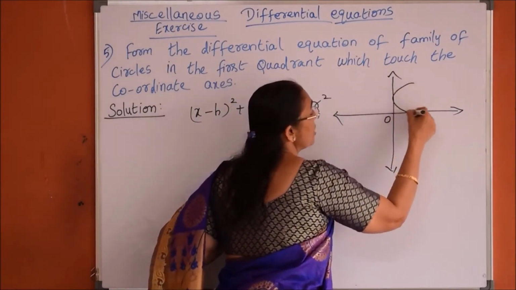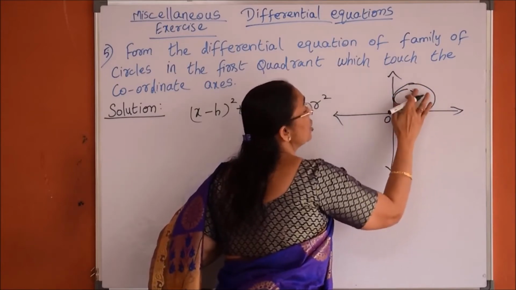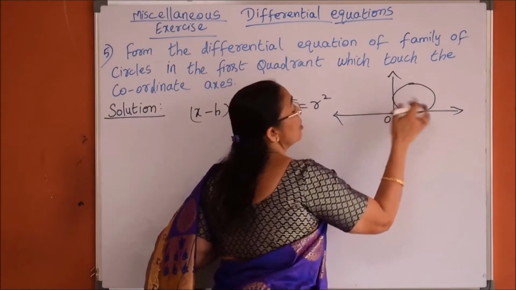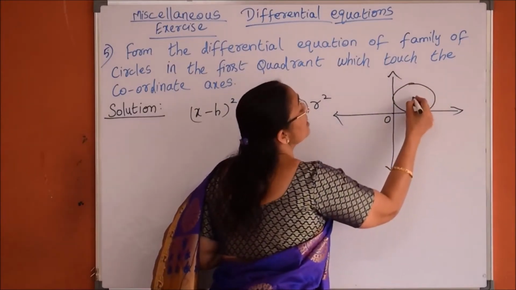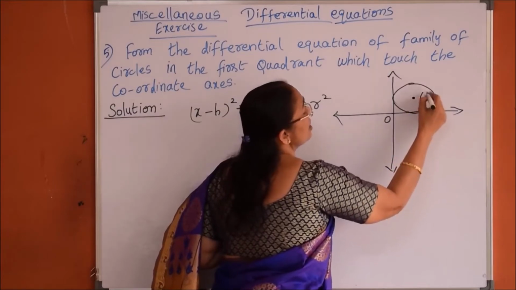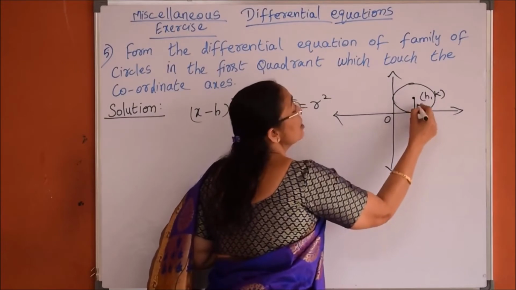Your family of circles: this is one circle, again we can have another circle, it has to touch both the axes. Suppose this is one of the circles, so the center is here (h, k) and this is the radius.